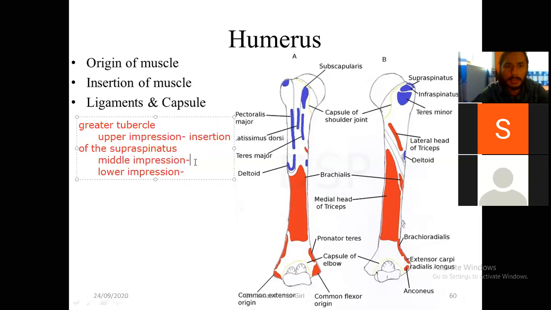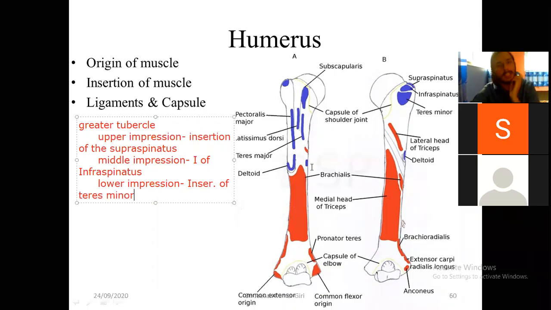So this is also insertion. Now I will write I for insertion: insertion of infraspinatus, and again in the lower impression, insertion of teres minor.